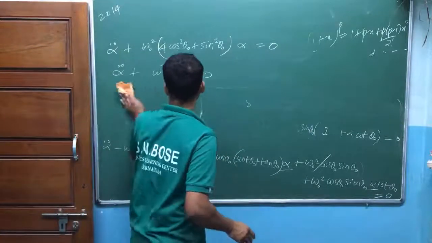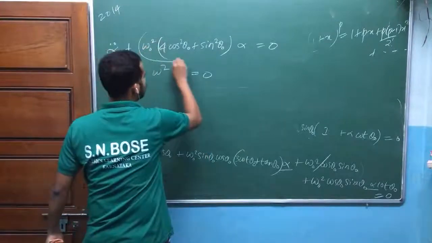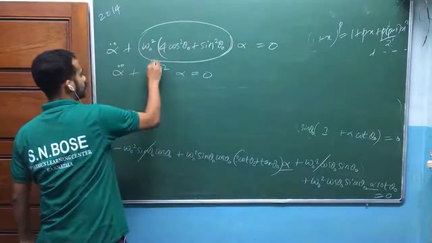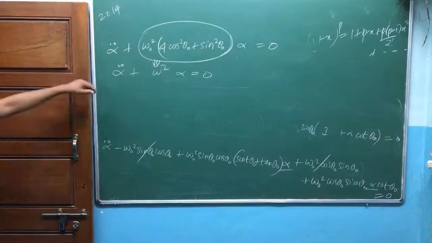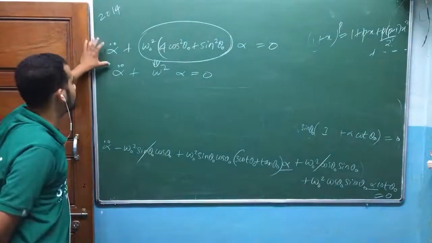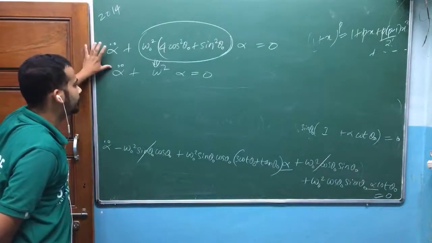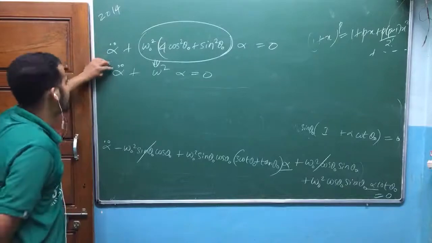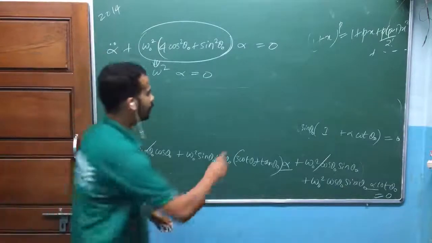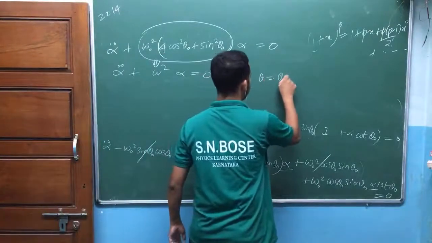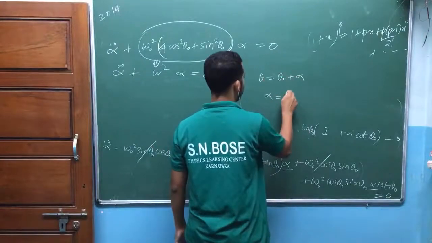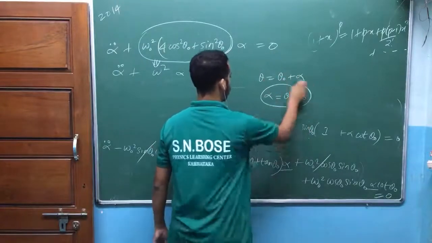Let me write this omega square, this whole thing I have taken as omega square. This is the differential equation for small oscillation about theta naught, where we have taken theta is equal to theta naught plus alpha, or alpha is equal to theta minus theta naught, okay.